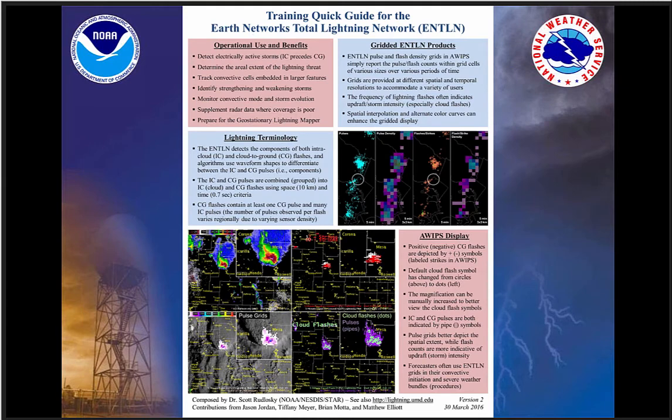So we've created a quick guide. You may be familiar with some of these for other data sets. Scott Rodlowski sort of led the charge on this one with contributions from others, including the hazardous weather testbed folks. And so on the first page, we basically just go through the basics, the terminology, and what you can see in AWIPS in terms of the different plots and grids.